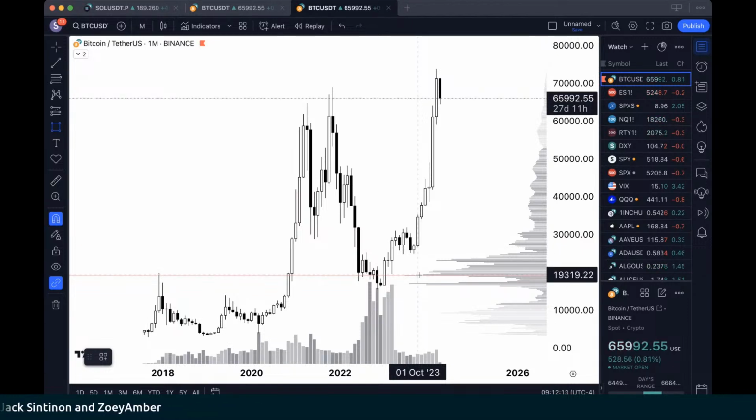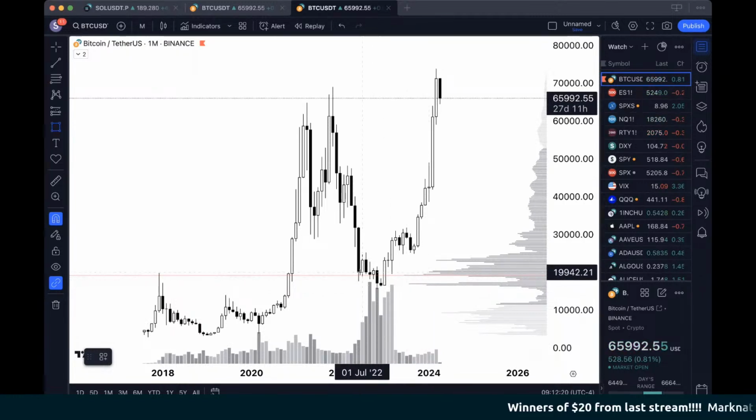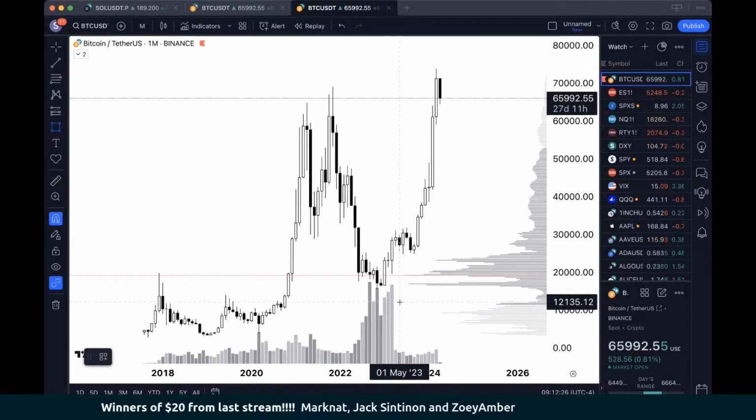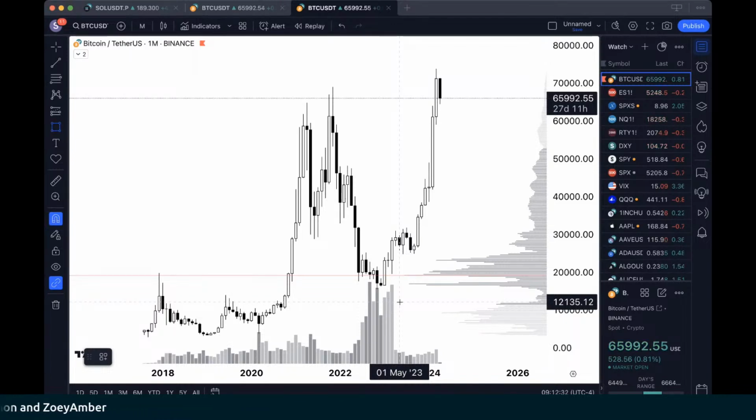As you can see, there's a lot of volume traded on Binance down here. And there's some weird stuff that happened with the Binance chart. They did some promotions at one point where they weren't charging fees and volume went up. So you have to be a little bit cautious.